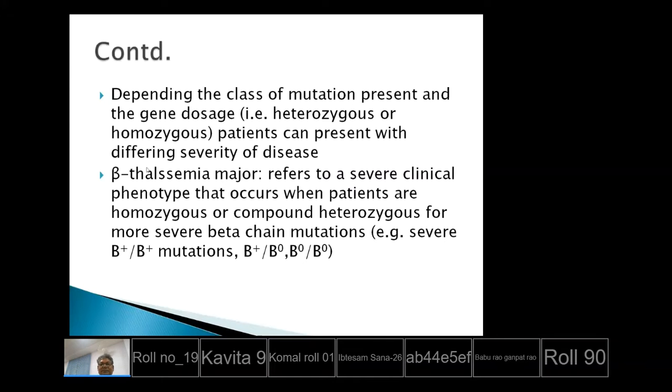Beta thalassemia major refers to a severe clinical phenotype that occurs when patients are homozygous or compound heterozygous for more severe beta chain mutations. For example, severe beta plus/beta plus mutation, beta plus/beta 0 mutation, beta 0/beta 0 mutation. This is thalassemia major.